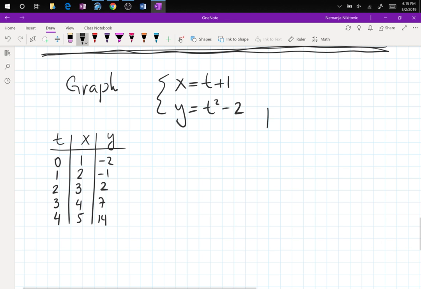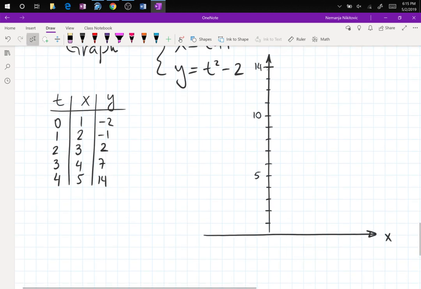So let's see. I need all the way up to 14. I'll call this 14. So, time to graph.